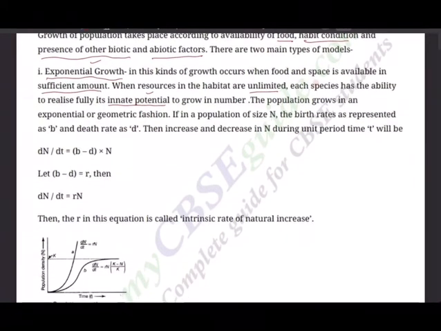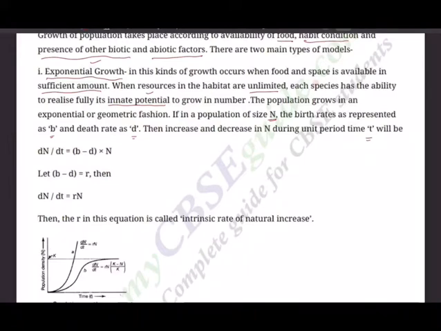If in a population of size N, the birth rate is represented as B and the death rate as D, then the increase or decrease in N during a unit period of time t will be dN/dt = (B - D) × N, where N is the population size.